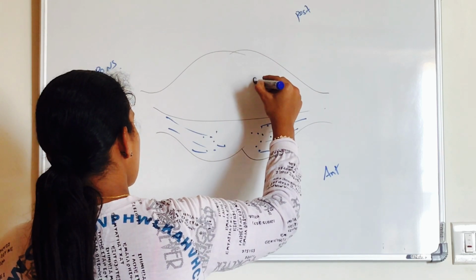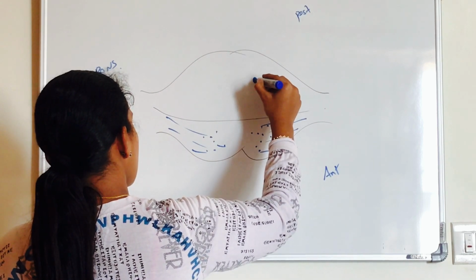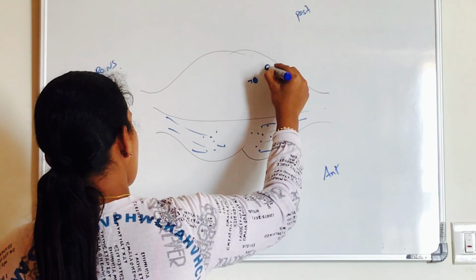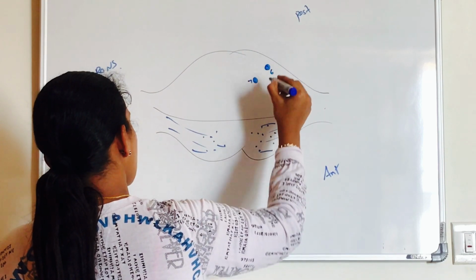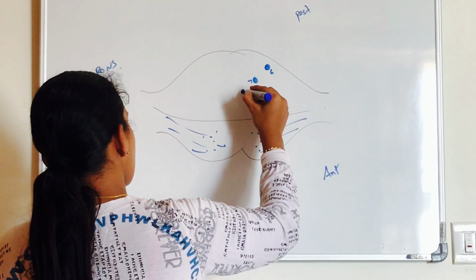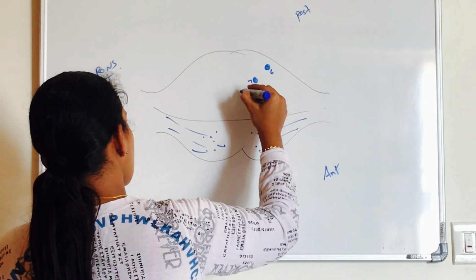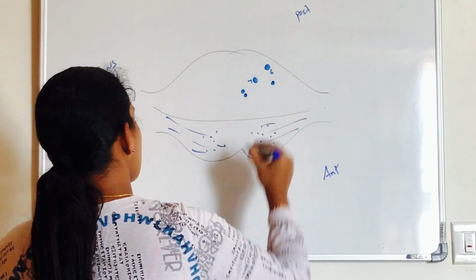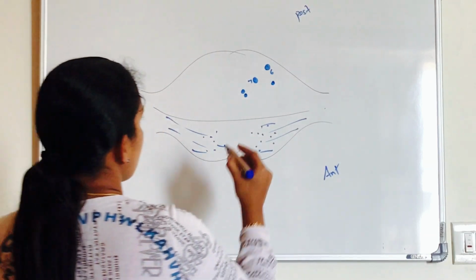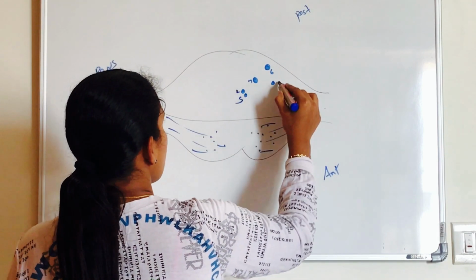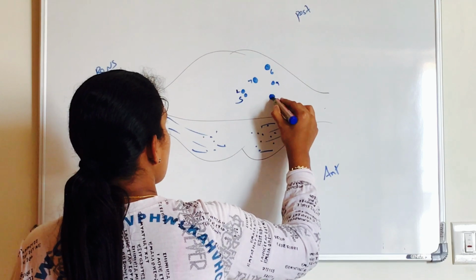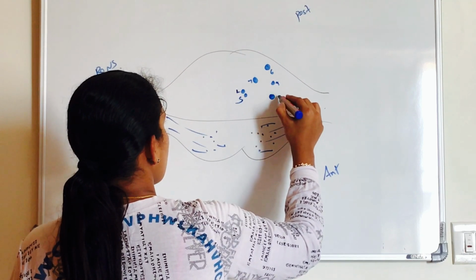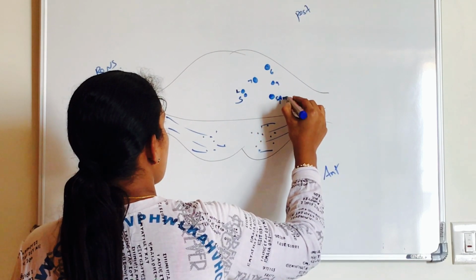Now let's draw the facial nerve nucleus. So this is our motor nucleus of facial nerve. Just above that you have abducent nucleus, and the sensory nucleus or lacrimatory, superior salivatory, nucleus of tractus solitarius. And you also have spinal nucleus of trigeminal nerve.